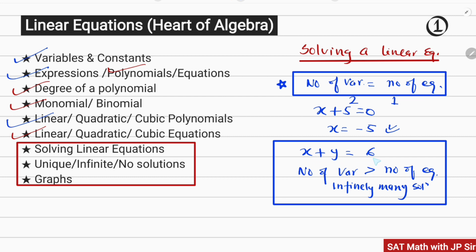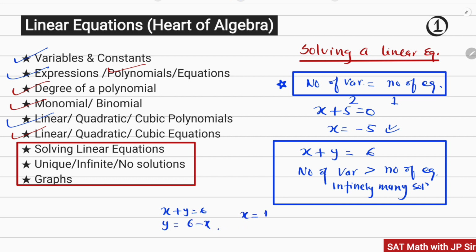How can we have infinitely many solutions here? Here we have x plus y equals to 6. Let's write a few solutions. We cannot write all of them, just a few. Since x plus y equals to 6, y can be 6 minus x.